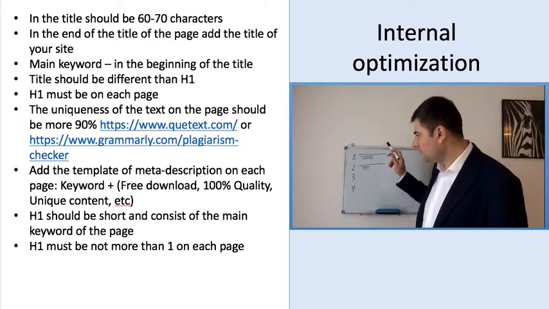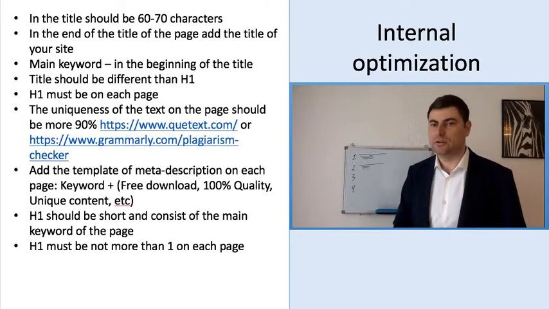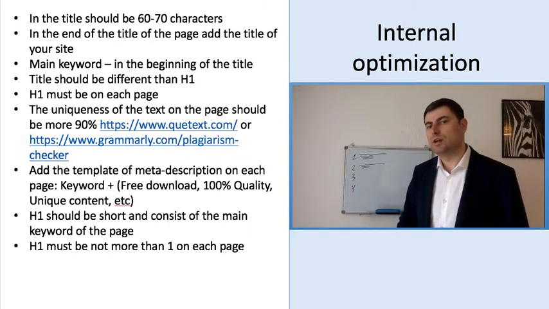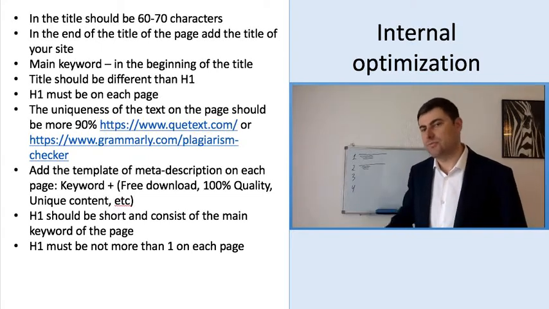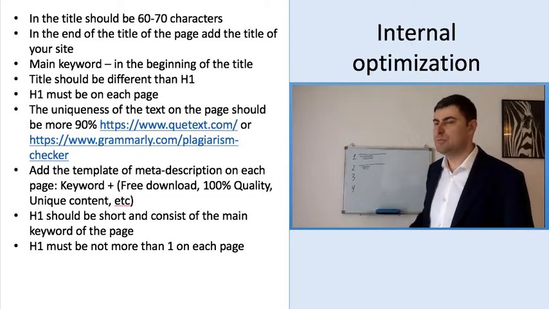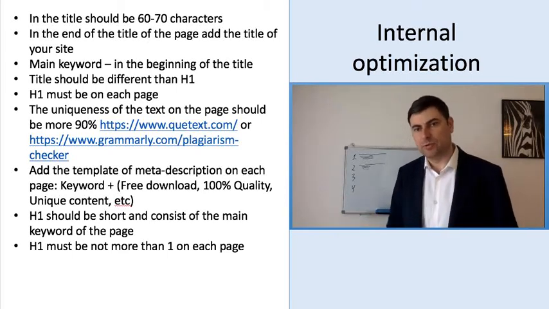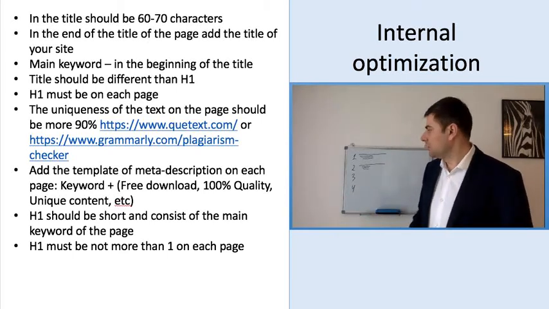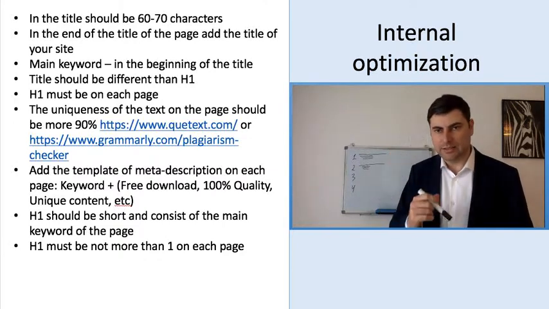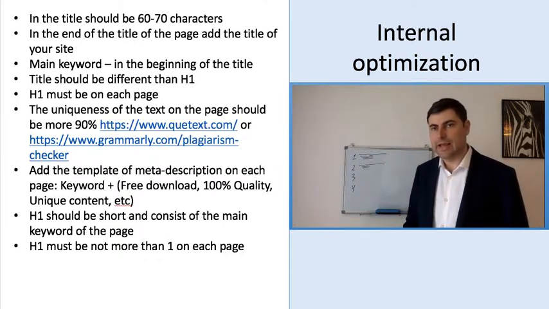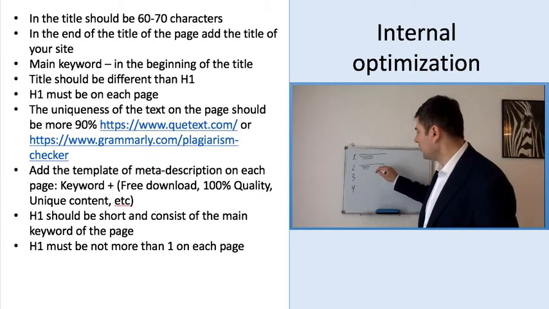So at first, Google will not use your meta description because it will not trust you. It will not trust that you will put more relevant information in the meta description than in the description of the page itself. However, within a couple of months, Google will start to use your meta description, and it will put it right here.